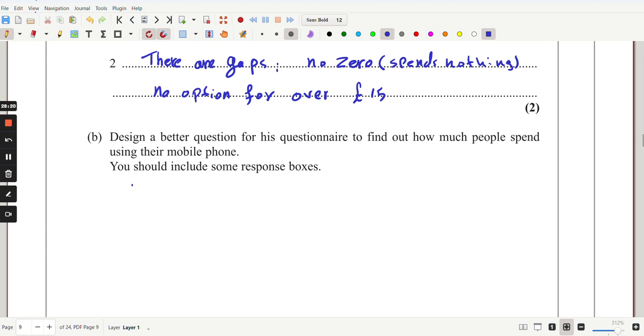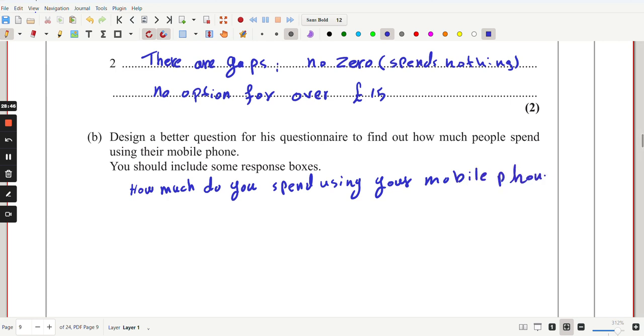Okay, you can say how much do you spend using your mobile phone a month, or daily, or today, or last week.